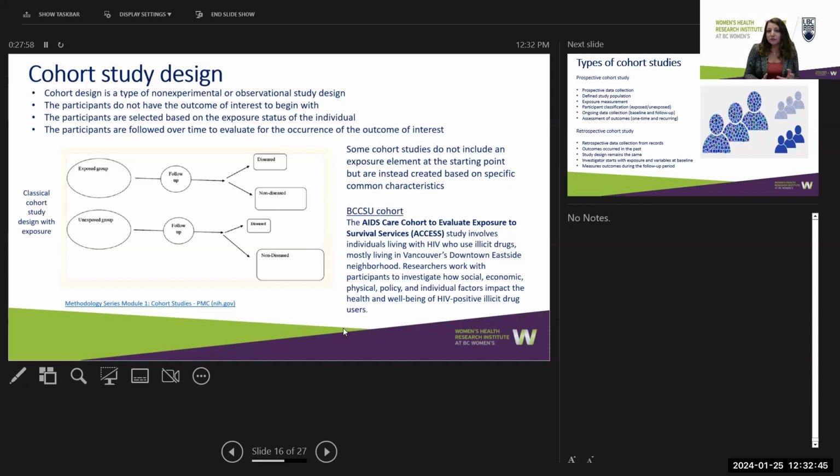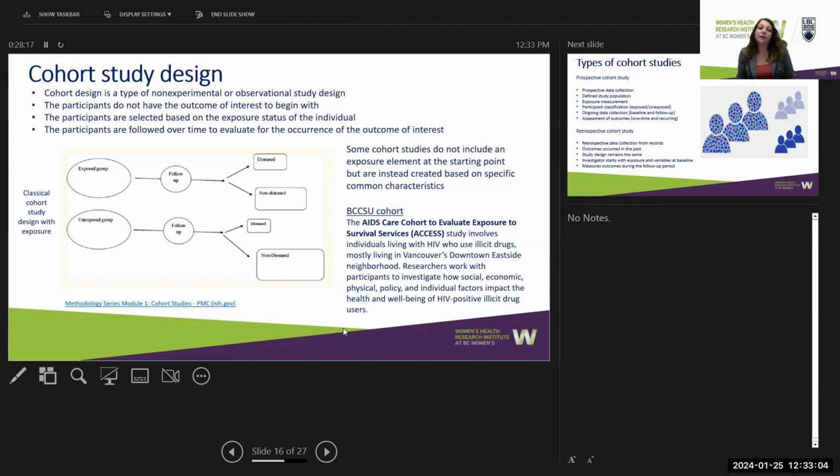We restricted the sample to a specific group of the population, mostly people that live in the Downtown Eastside, have HIV, and use illicit drugs, either injection or non-injection. But we're following those people to identify different behaviors or changes.